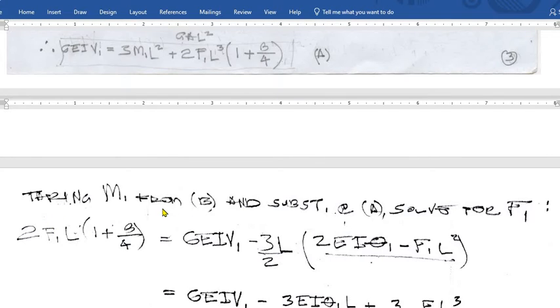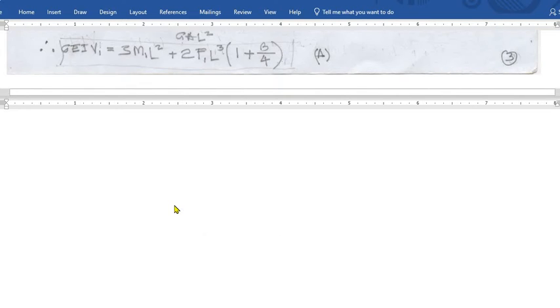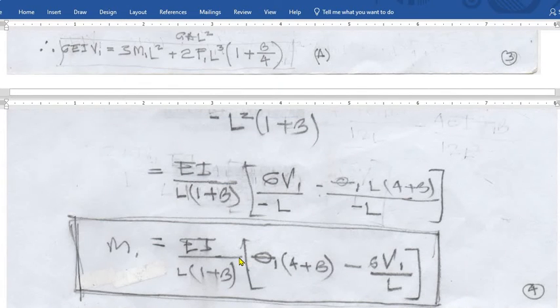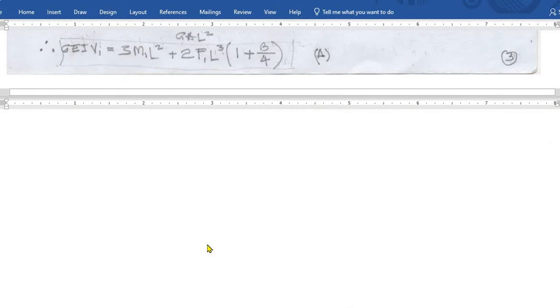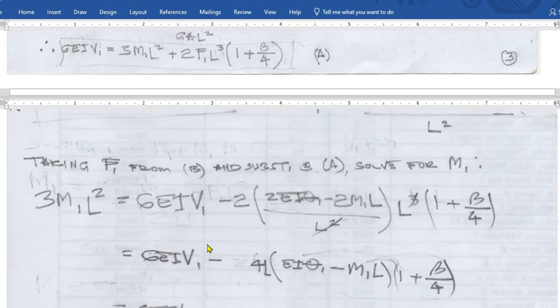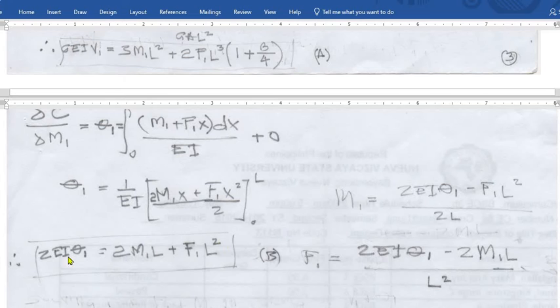Taking M1 from B and substituting into A, this is not what we will take, but instead, this one, this is from B. This is what we will take. So, we will substitute this M1, which is 2EI theta 1 minus F1L squared all over 2L, into equation A. Okay?